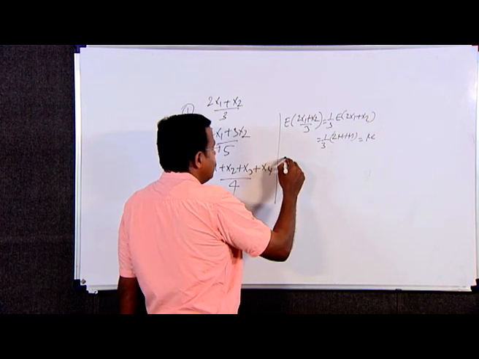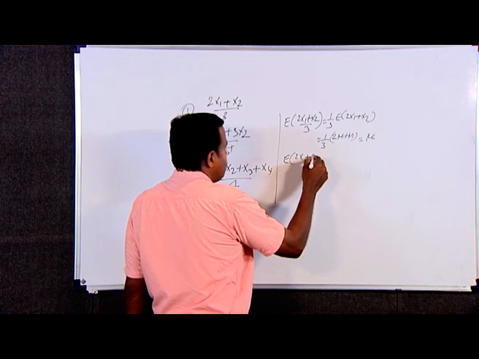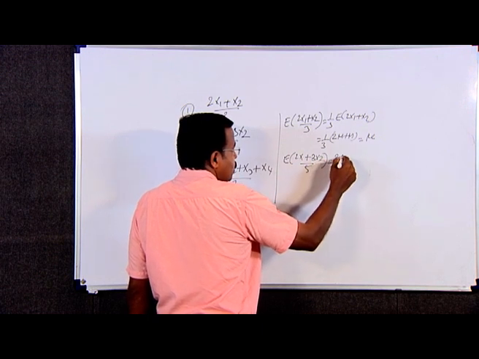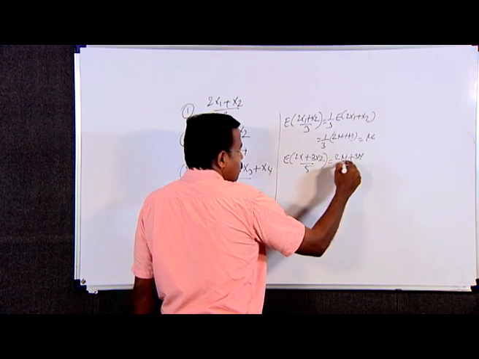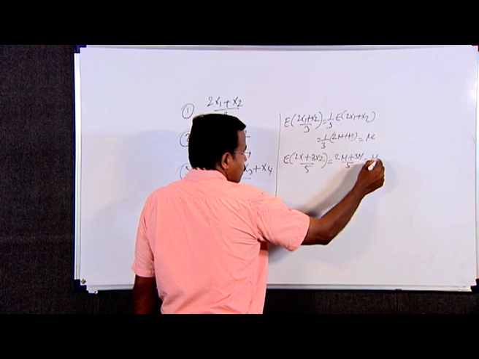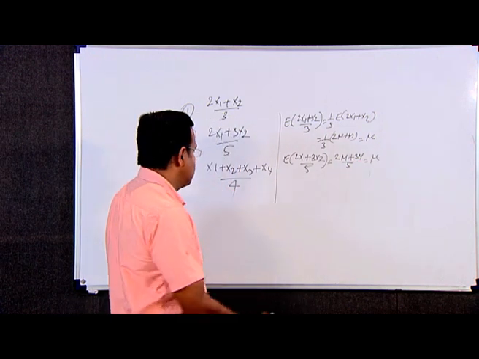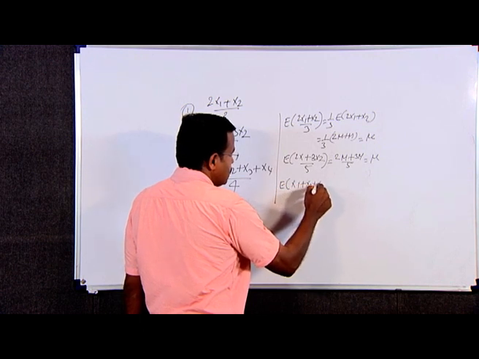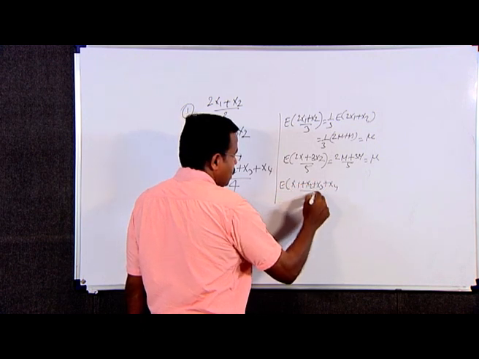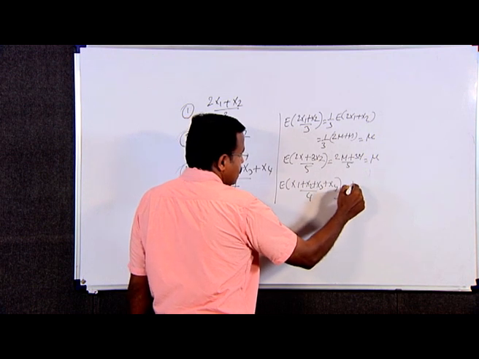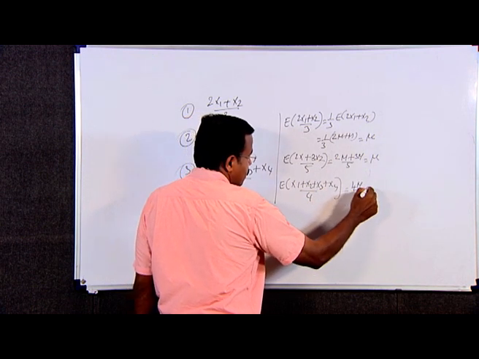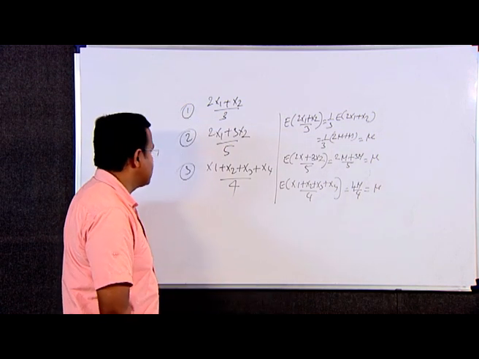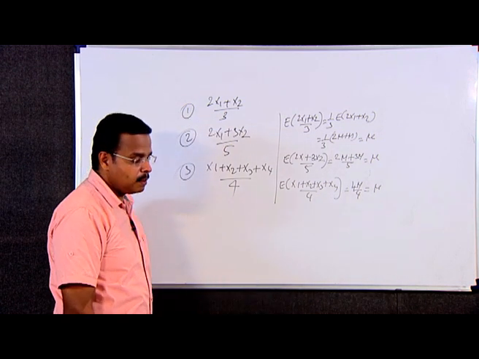For the second one, expectation of 2x1 plus 3x2 all divided by 5, here also we are getting 2 into mu plus 3 into mu all divided by 5, that is again mu. So the second one is also unbiased. The third one, expectation of x1 plus x2 plus x3 plus x4 all divided by 4, that is 4 mu divided by 4, again we are getting mu. So these three suggested statistics are unbiased for the parameter mu.